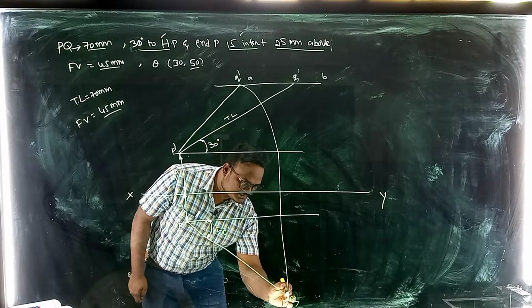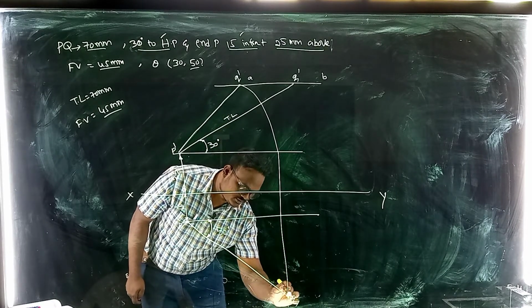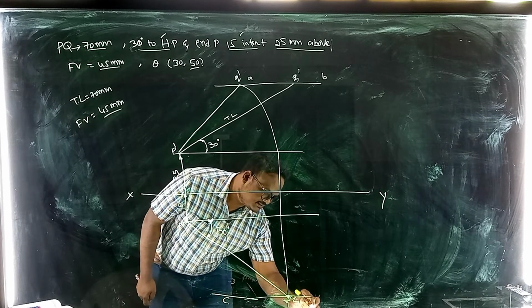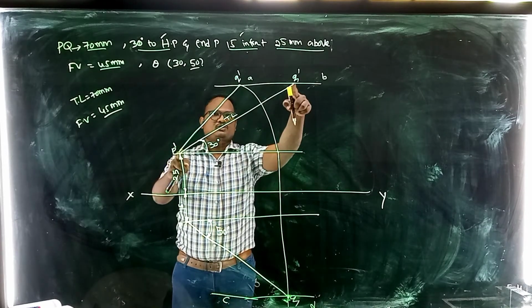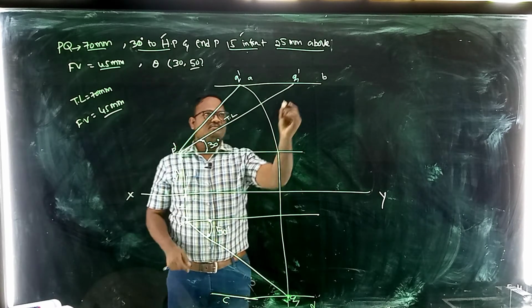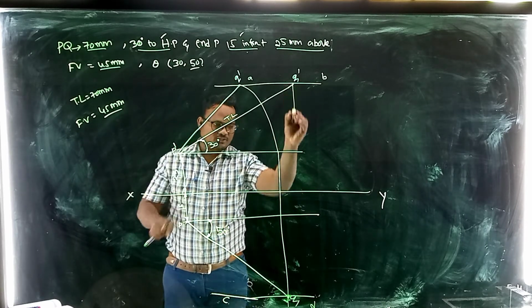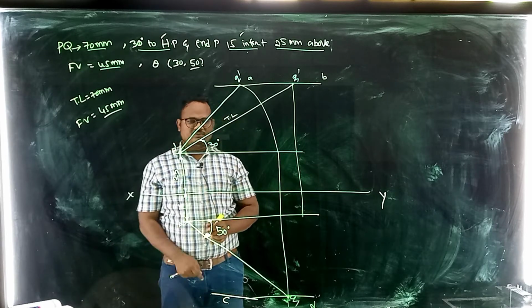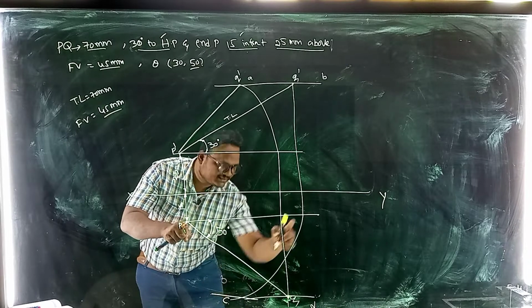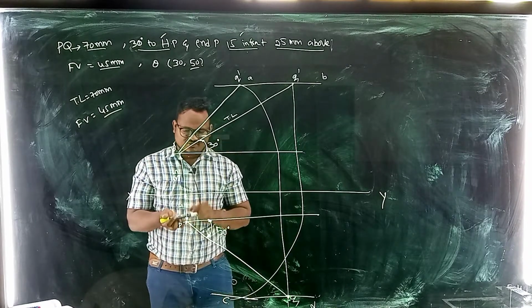After getting this end point, draw a locus line, called CD. From this true length, we can find the compressed length also. That means project this true length downwards up to here. Now with P as the center, draw an arc of this distance. This arc touches the locus line somewhere.